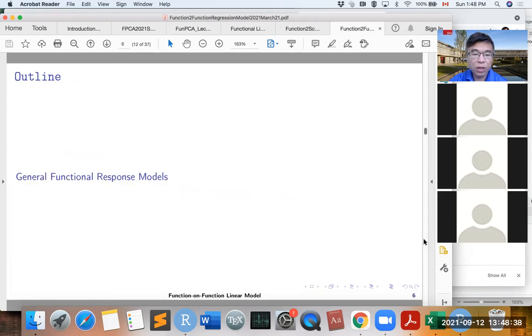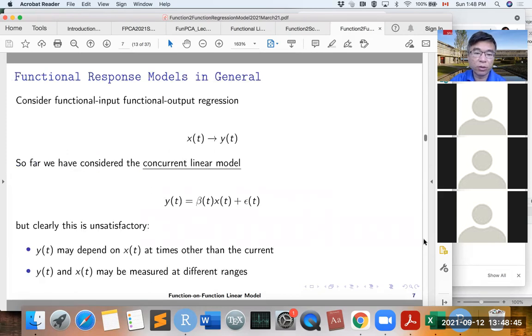Okay, so now let's look at a more interesting case. We call it the general functional response model. For the concurrent model, it assumed that the response y will depend on the predictor x simultaneously, right?